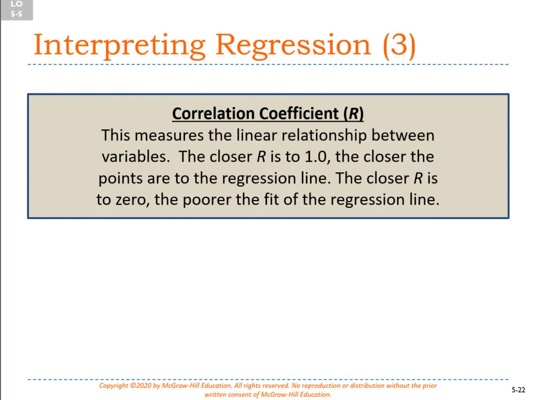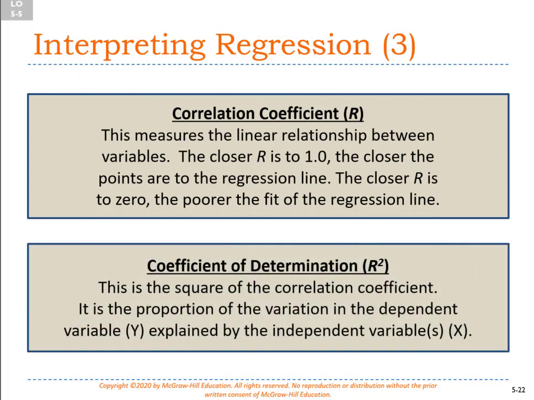Now, Excel provides you with some other information: the correlation coefficient R, and the coefficient of determination R squared. For the first one, the closer the R is to 0, the worse it is.